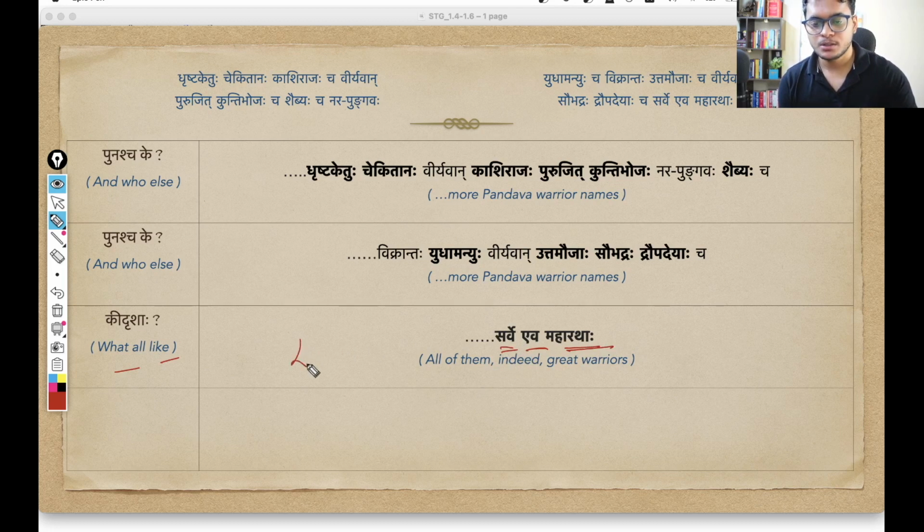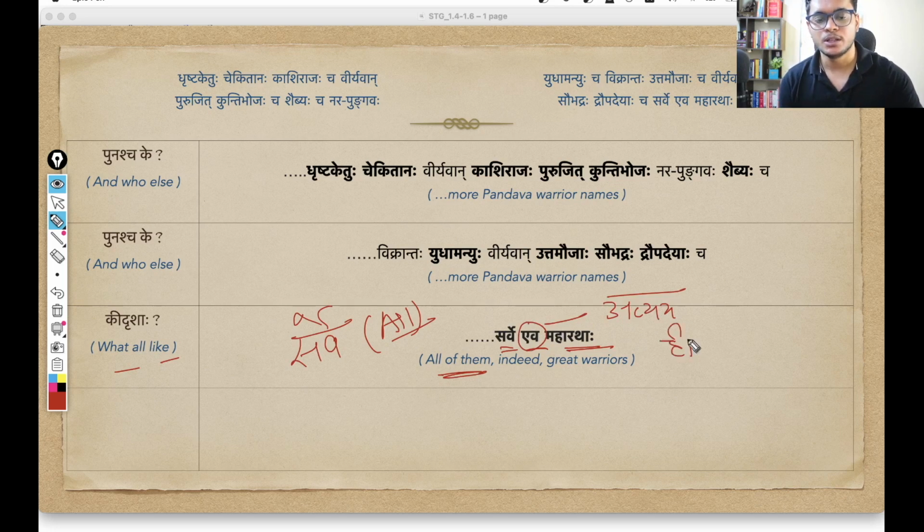Sarve comes from the word sarva, a pronoun that means all, and in plural it becomes sarve. Eva is an avyaya, indeclinable, and simply means indeed, or 'hi' as we say in Hindi. Sarve eva, all of them indeed, maharathaha.